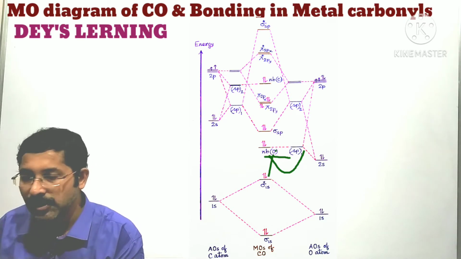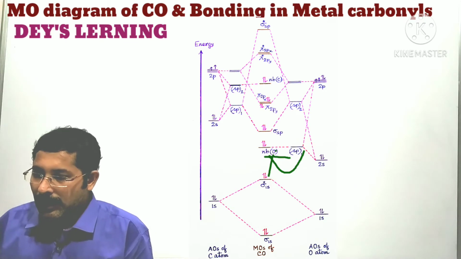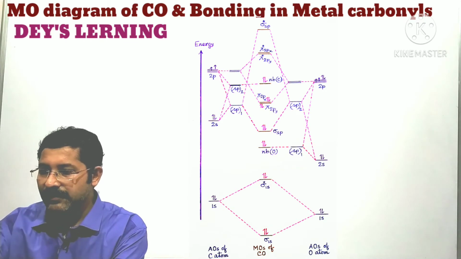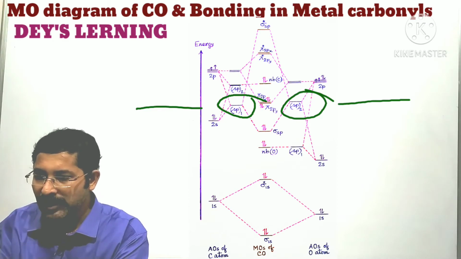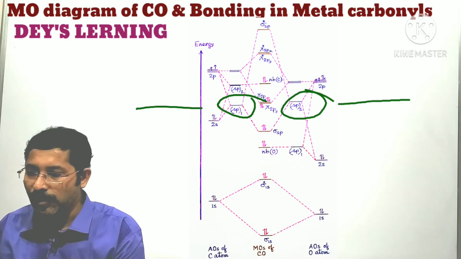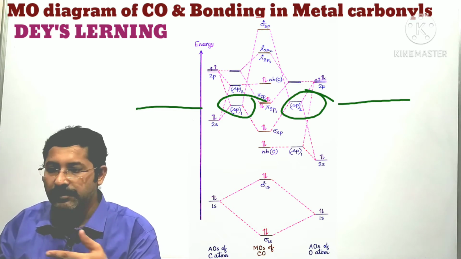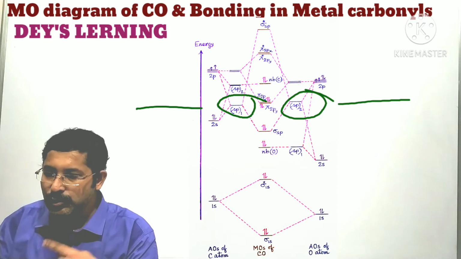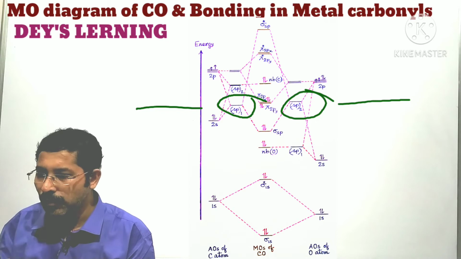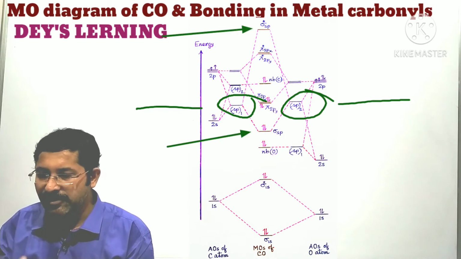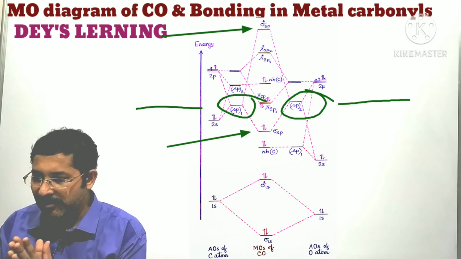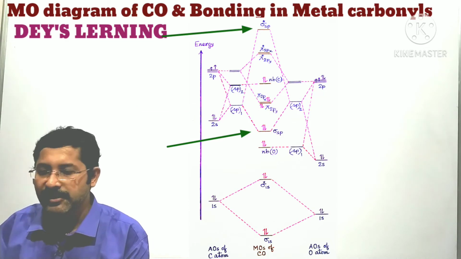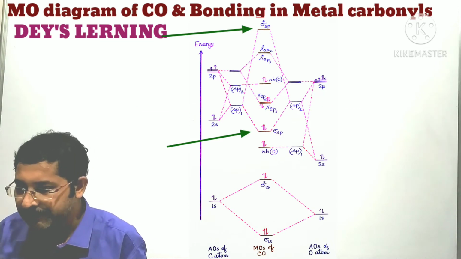So this is the non-bonding oxygen orbital. And look here, the sp1 of carbon and sp2 of oxygen are almost of the same energy. So they combine together to form sigma sp orbital and sigma star sp antibonding orbital. This sigma sp is bonding and this sigma star sp is anti-bonding, definitely.